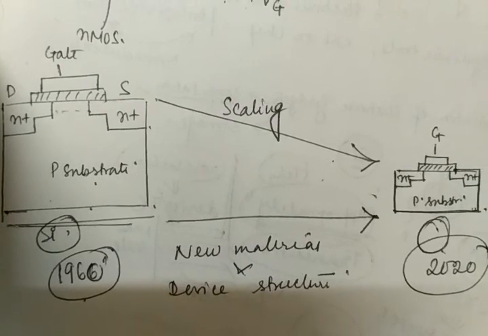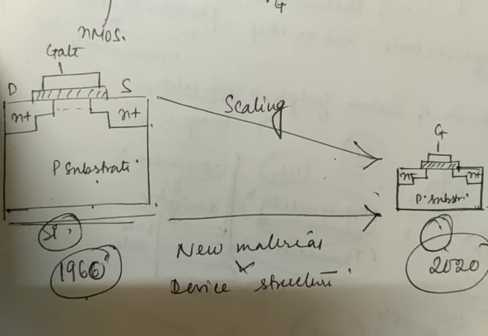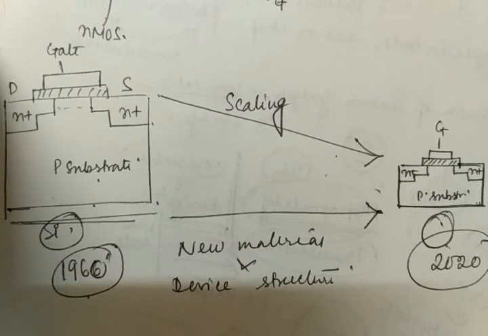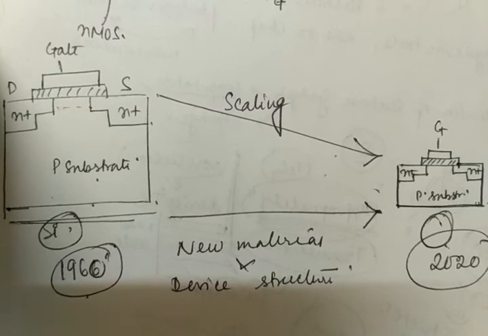All the parameters should be unchanged, but the area requirement will be very less, and the scaling is in the range of less than 100 nanometer, in the nanoscale. This is a point of discussion that will be completed in the next lecture.